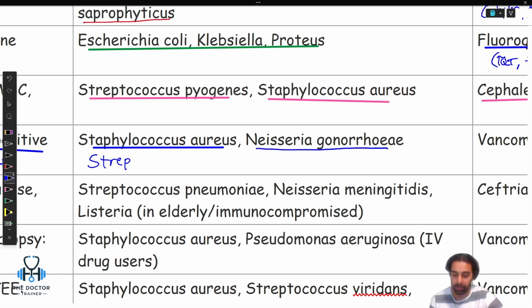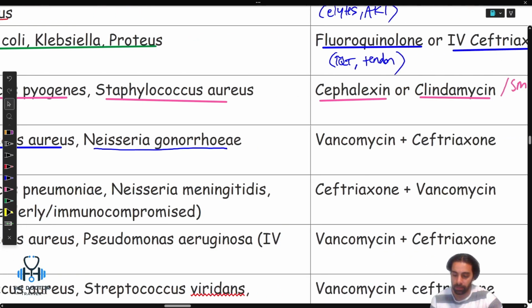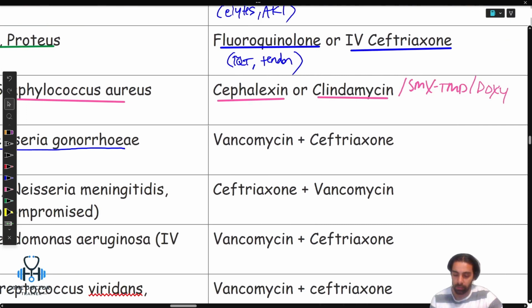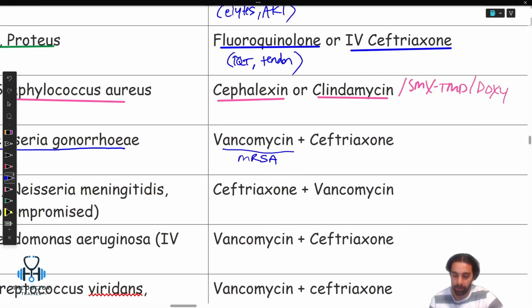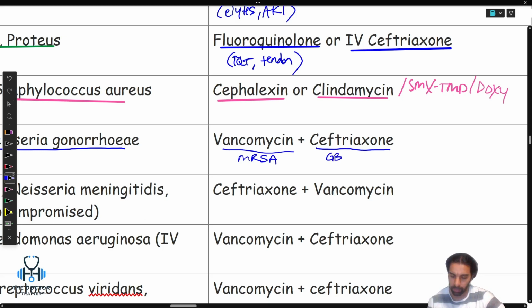Neisseria gonorrhoeae if somebody's sexually active. And so vancomycin covers the MRSA, and then ceftriaxone usually covers other things, so ceftriaxone will be helpful for something like a group B strep.